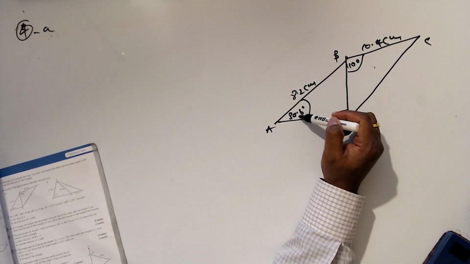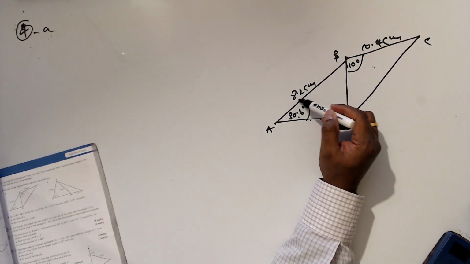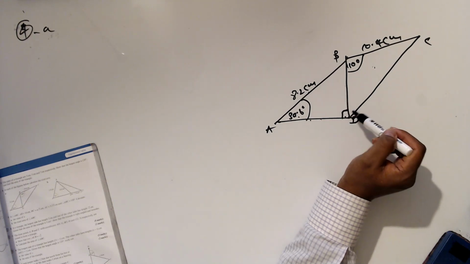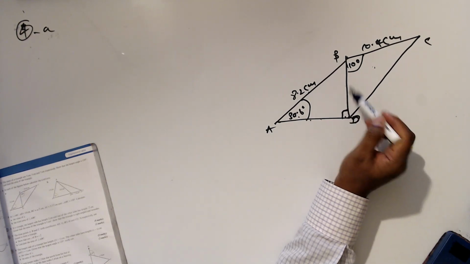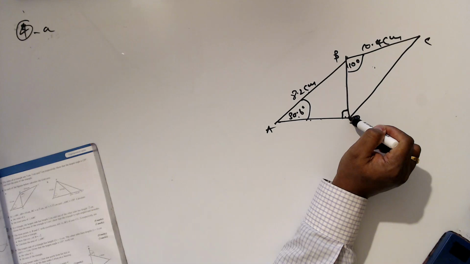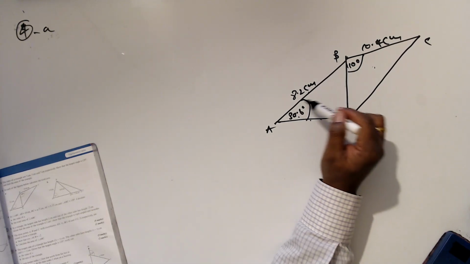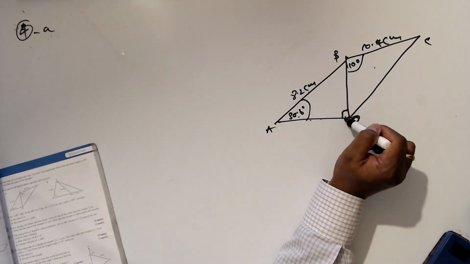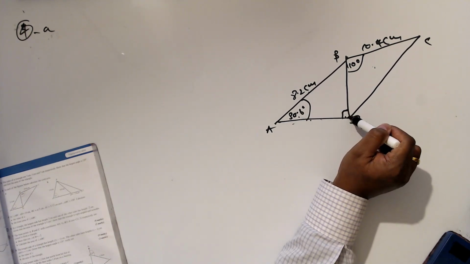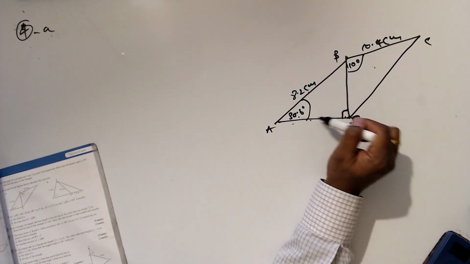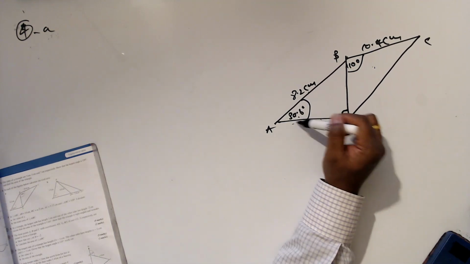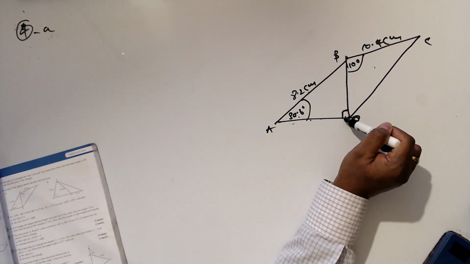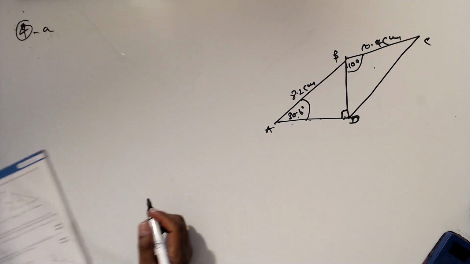BD over sine 36.6 equals 2.2 over sine 90. Then I can find BD. And when I know BD, I can use Pythagoras to find AD, or I can simply use the cos ratio. I have two options.